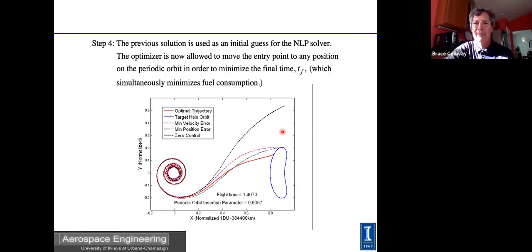And then finally, we use that as an initial guess for a fourth solution that relaxes the location constraint and says, okay, now find an entry point anywhere on that orbit if it minimizes the fuel used. So you see now how you can start with absolutely no idea what a good initial guess is, and with a homotopy, you can still solve the problem, but it's a little time consuming.